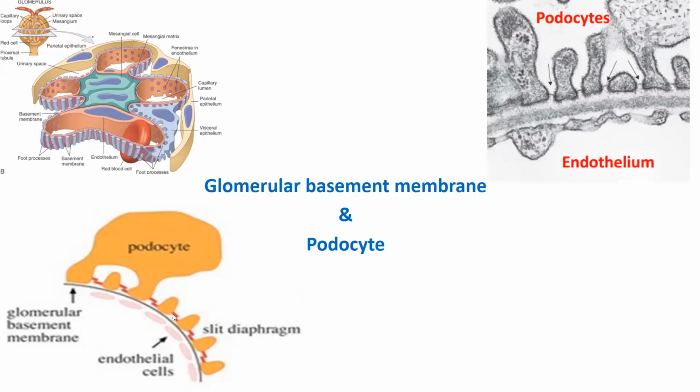If you go in further, enlarge it, zoom in further with the electron microscopy, these are your podocytes, the foot processes. This is your glomerular basement membrane. This is your endothelium, and you can see these small spaces in between these foot processes, which are called your slit diaphragm.